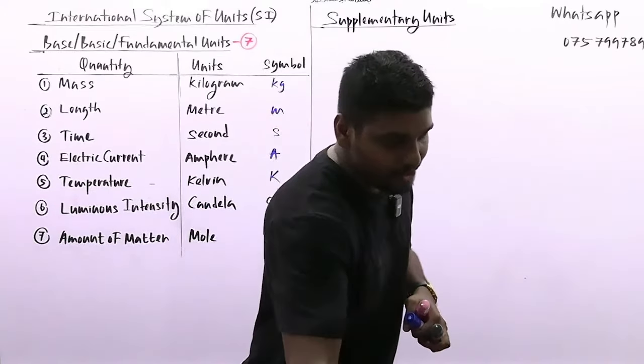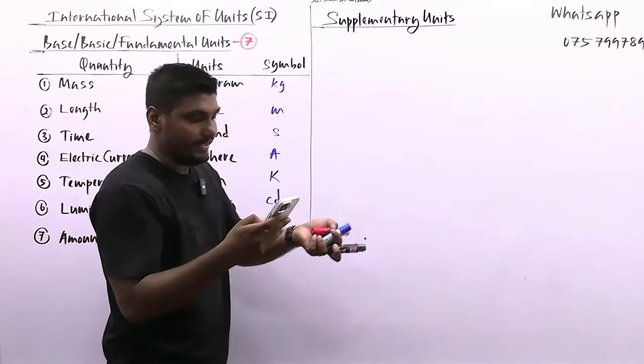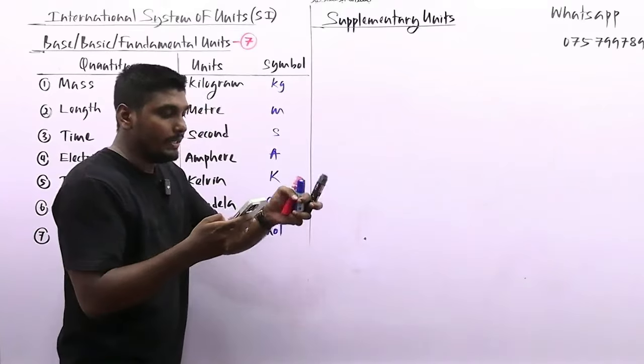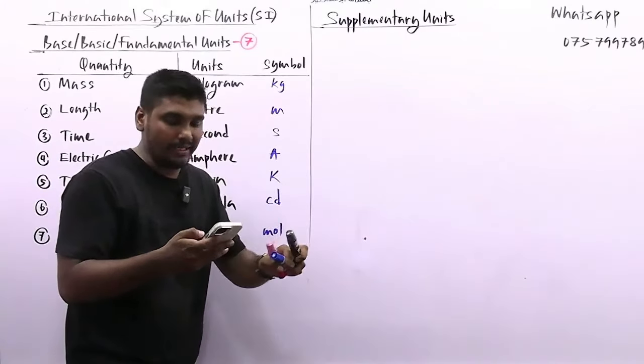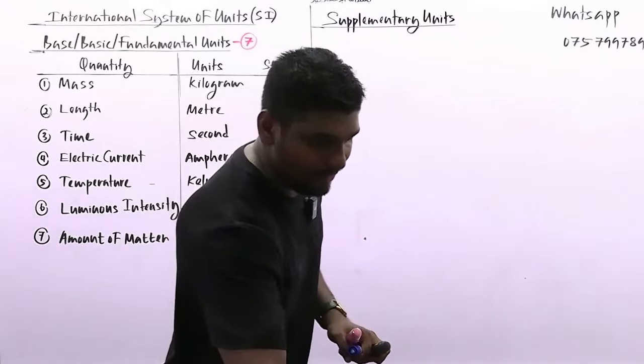When you talk about supplementary units, write down there are 2 supplementary units. Number 1 is plane angle. Number 2 is solid angle. Number 1 is plane angle.